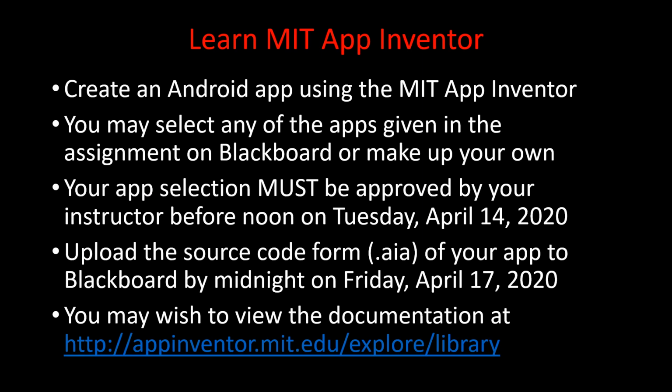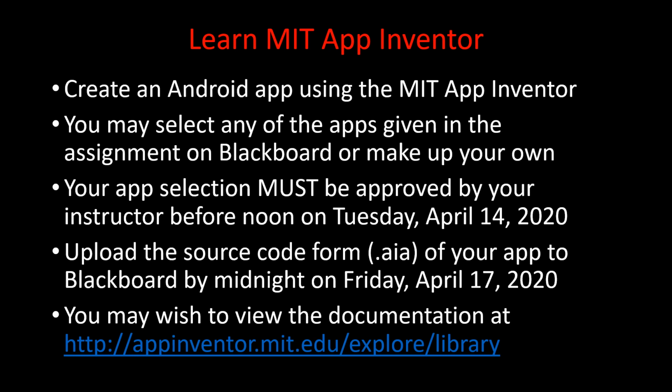So there is an assignment posted on Blackboard. You have to create an Android app using the MIT App Inventor. You must use the MIT App Inventor because this is a programming languages class and we want you to have the experience of using a drag and drop language. The assignment has about 12.5 different possible programs that you can write in MIT App Inventor.